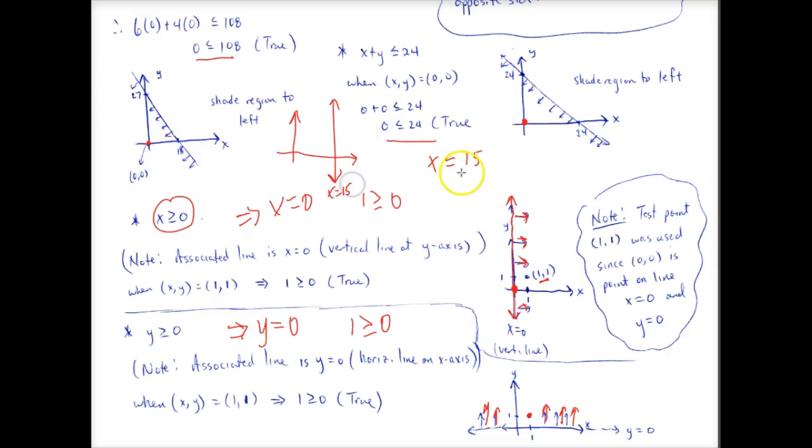And if we use the point (1, 1) again, then of course if I plug in 1 for x, we know that 1 is less than or equal to 15. So everything that is to the left here is actually going to work.